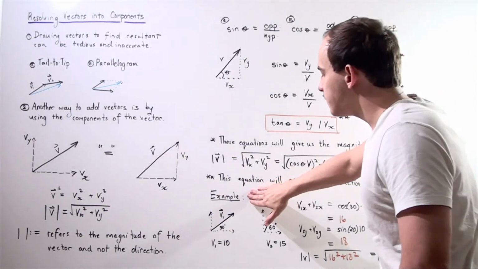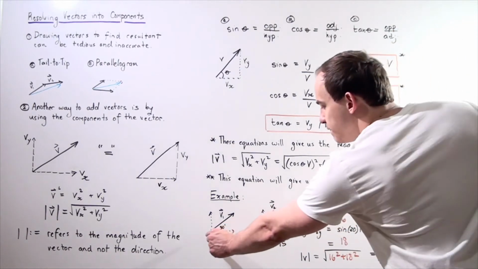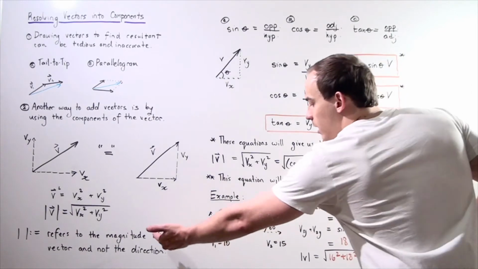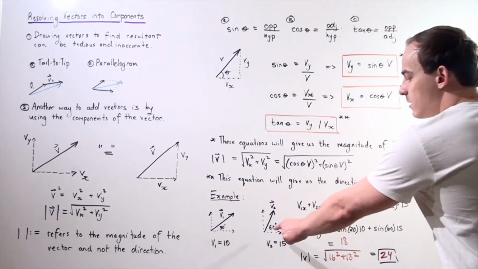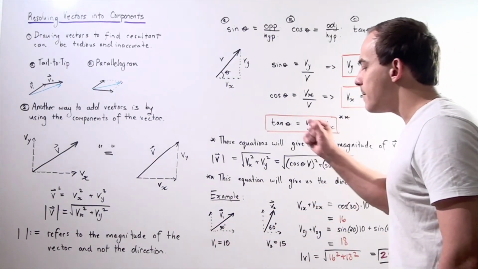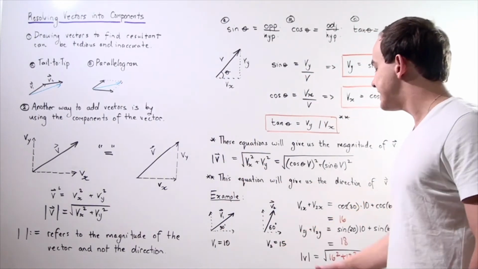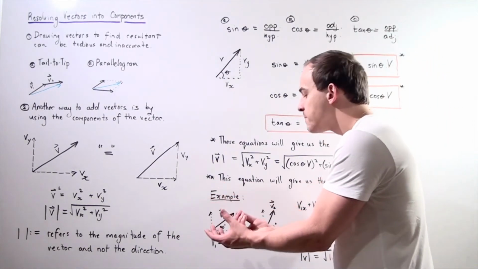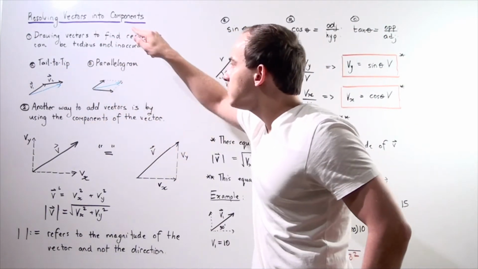So, let's look at the following example. Let's suppose we have two vectors: V1 that has an angle of 30 degrees with respect to the x-axis, and V2 which has an angle of 60 degrees with respect to the x-axis. Let's say the magnitude of V1 is 10 and the magnitude of V2 is 15. I want to add these two vectors without using either the tail to tip or the parallelogram method.